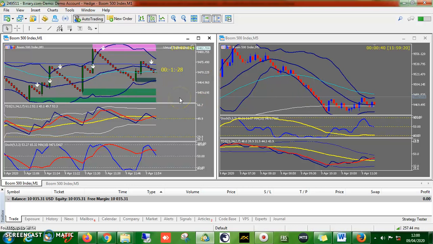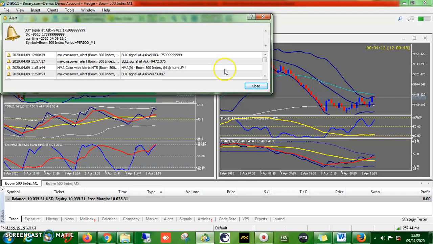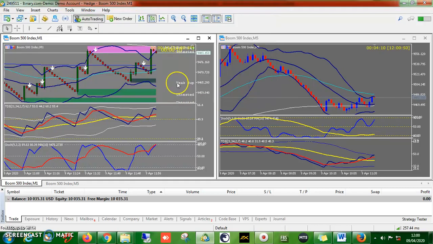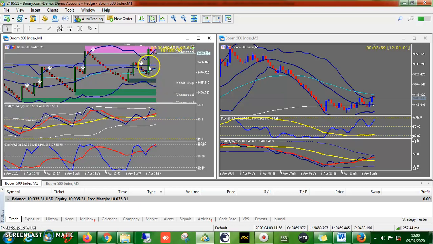Remember I said I don't pick trades even when I get a signal if price is so close to any of my EMAs or the middle Bollinger Band. As you can see, this arrow came, but I didn't take this trade. Why?